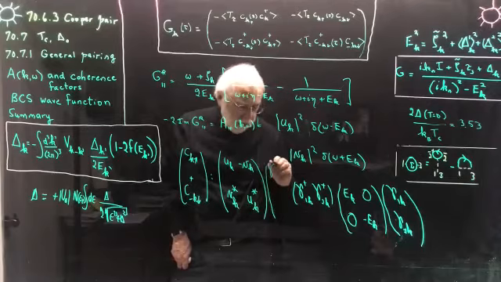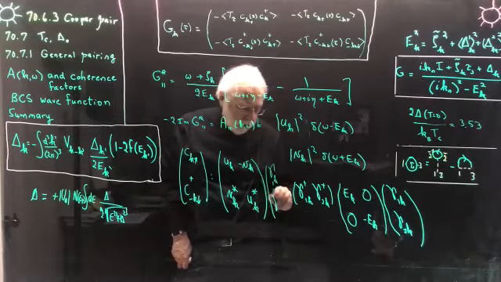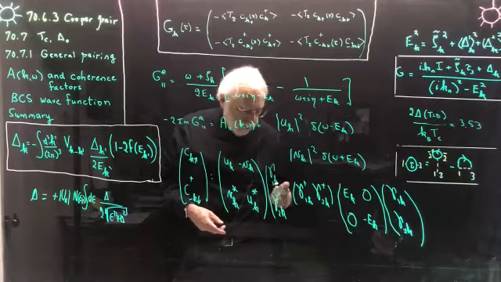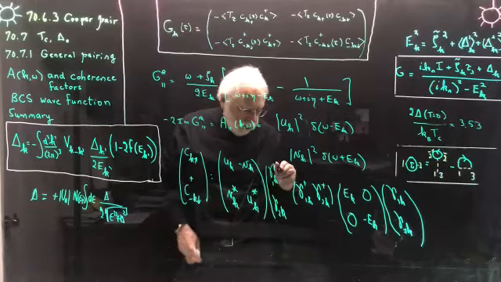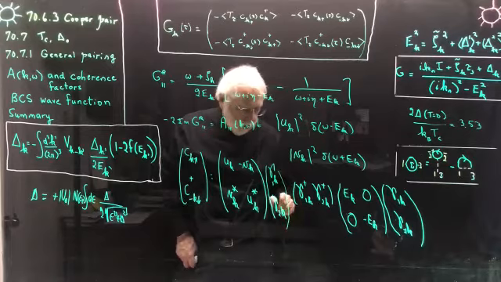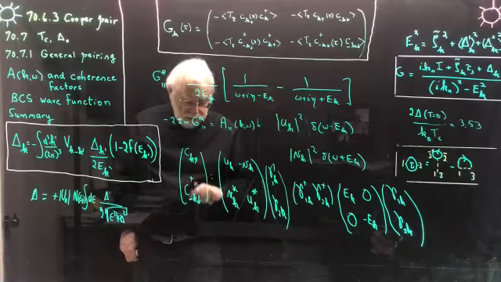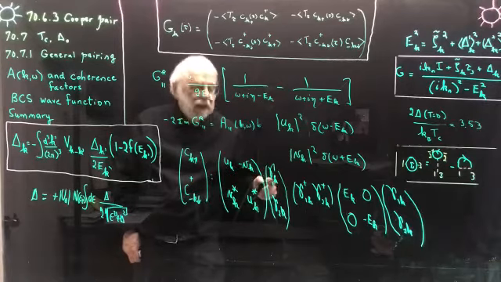And here I have gamma k1, gamma dagger 2, gamma 1, gamma. So I stay in the Nambu notation if you want, where this is a destruction operator.